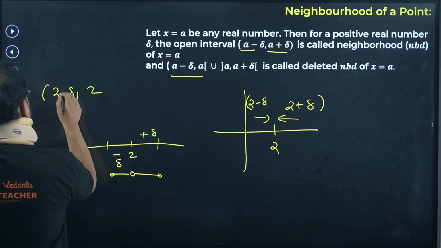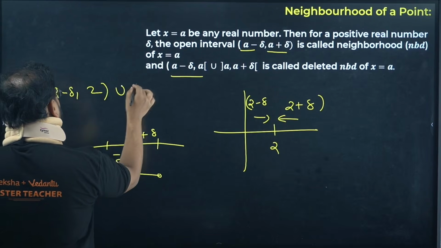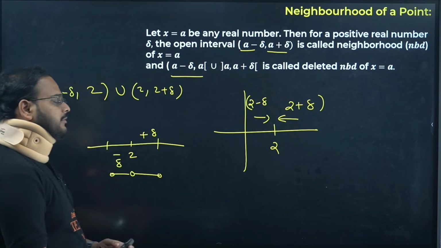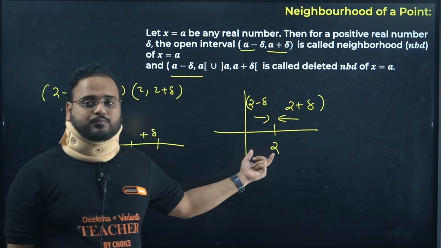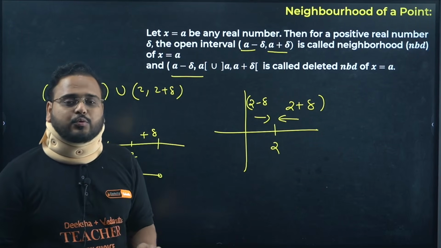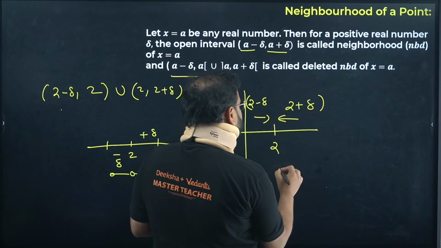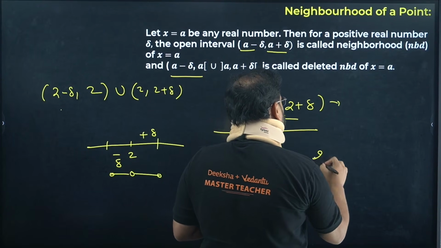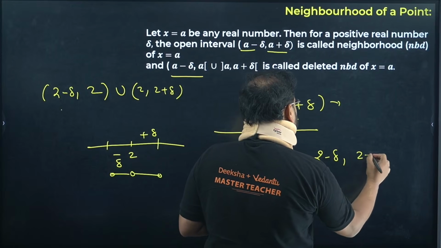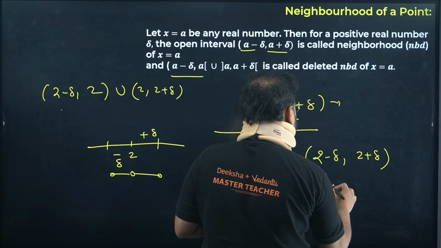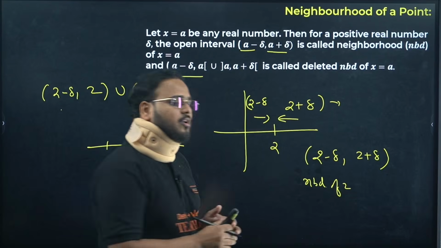Yeah, to 2, union again 2 to 2 plus delta. What is the neighborhood of 2? Neighborhood of 2 is very clear, sir. If you go 2 minus delta from here, this is the neighborhood, 2 minus delta to 2 plus delta. This is called the neighborhood of 2.